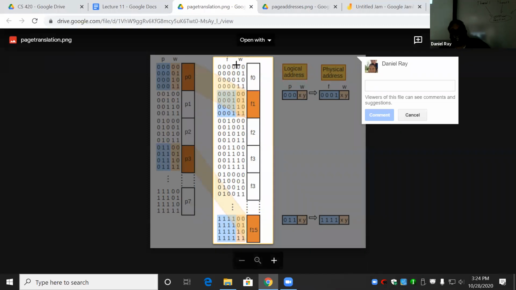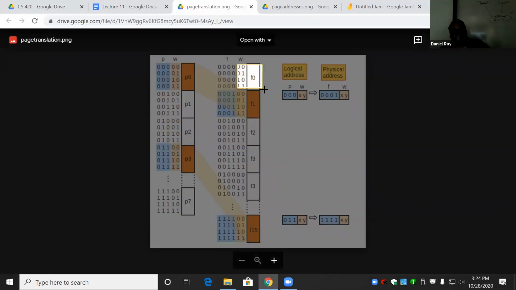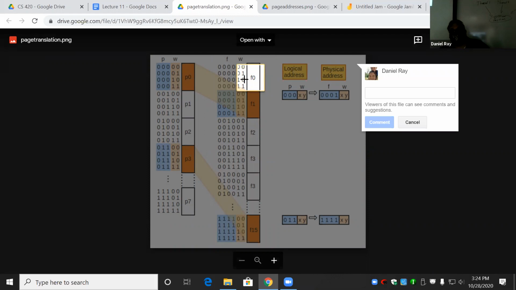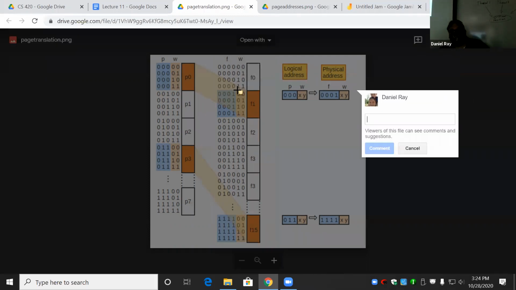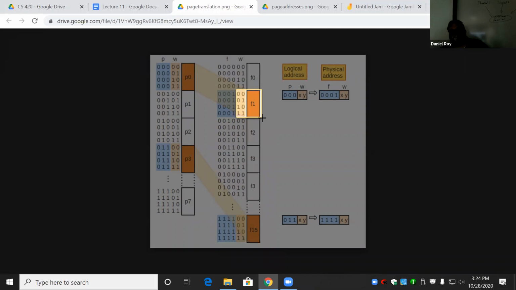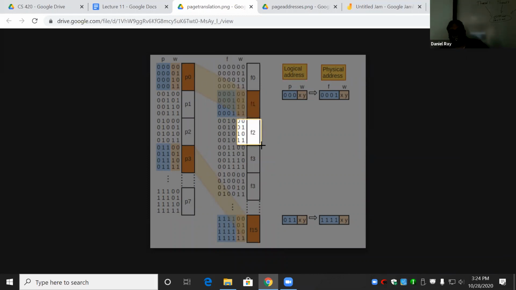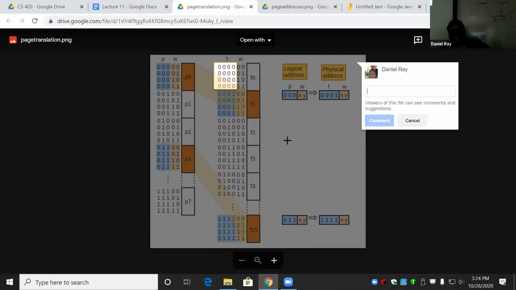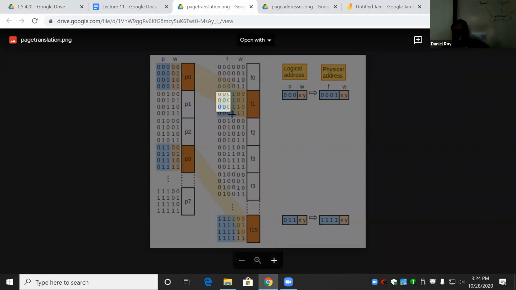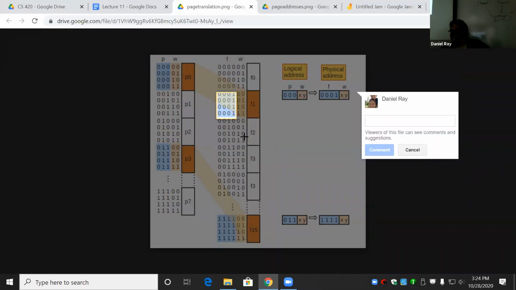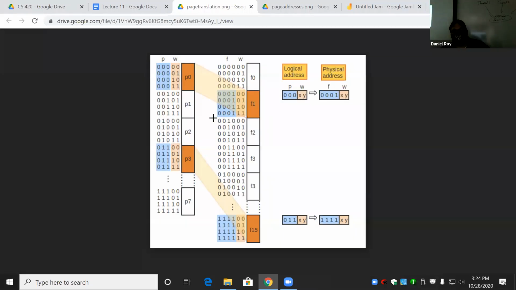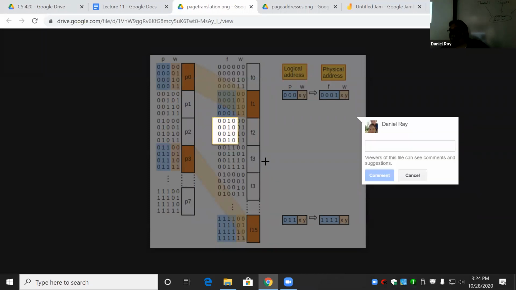So again, there are 4 words per frame: word 0, word 1, word 2, word 3, repeating for each frame. But the frame numbers keep updating: 0000 for frame 0, 0001 for frame 1, 0010 for frame 2.